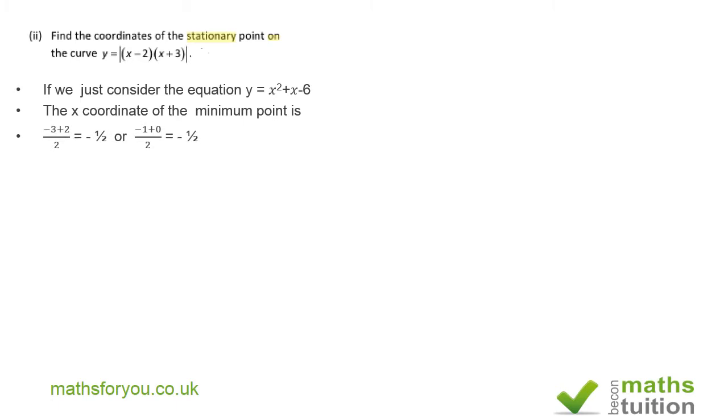The x coordinate at the turning point can be found from minus 3 plus 2, because the graph cuts the x-axis at the points minus 3 and plus 2, and the turning point has to be symmetrical about those two points.